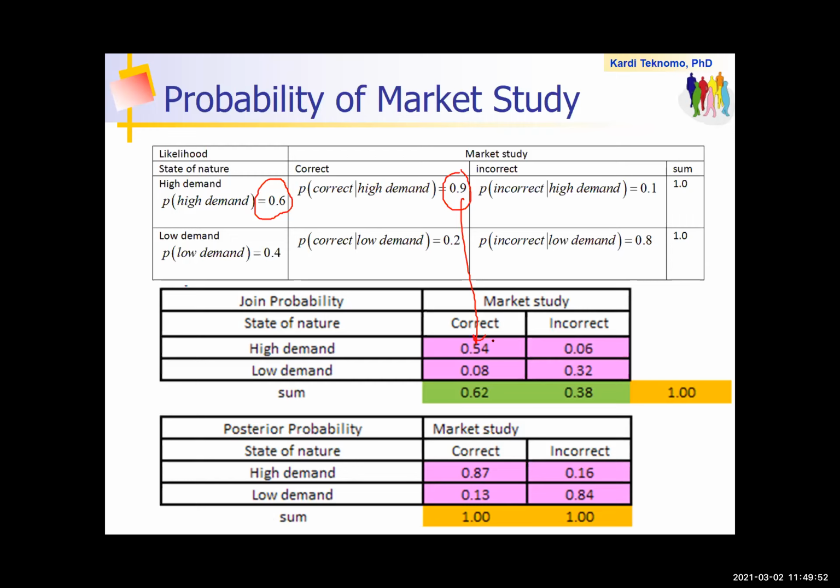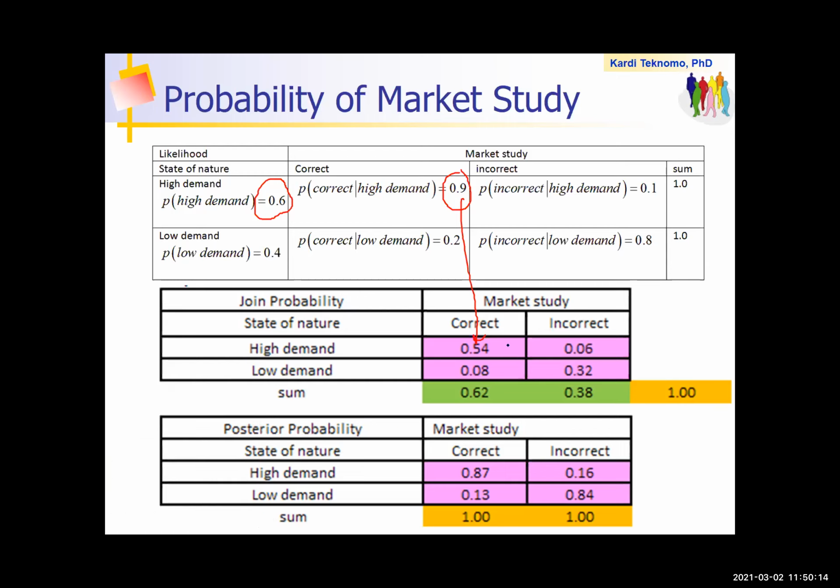I want to make it so that the sum of probability in the column is 1. So in this case, what you will do is you divide. I will make a new color here, for example blue.